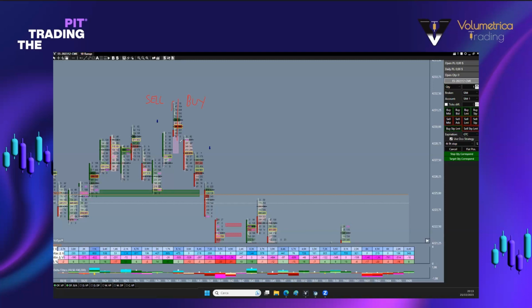So ideally, this is a tool for validating a trade. It can also be used as a tool for a standalone analysis of the order flow.